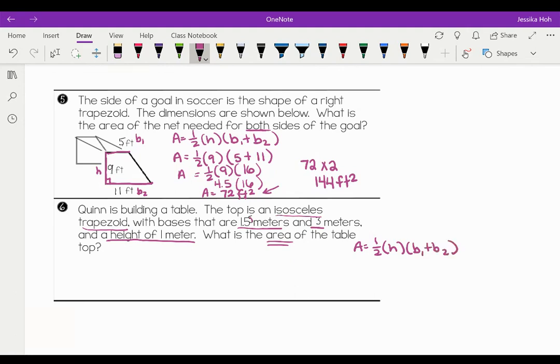So now I know I have my bases. So I have base 1, 1.5, base 2 equals 3, and my height equals 1. So now I can easily plug in for my formula. So area equals 1/2 height, which is 1, base 1, 1.5, plus base 2, which is 3.